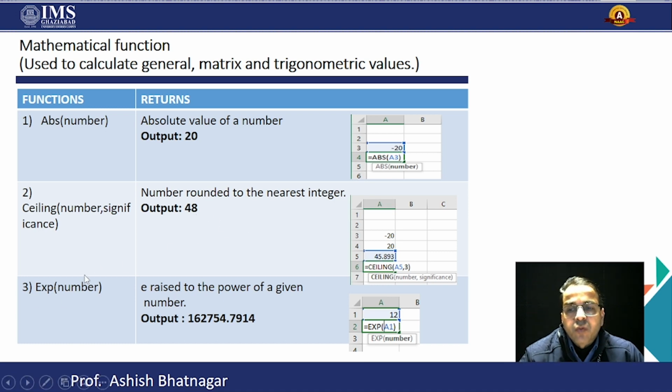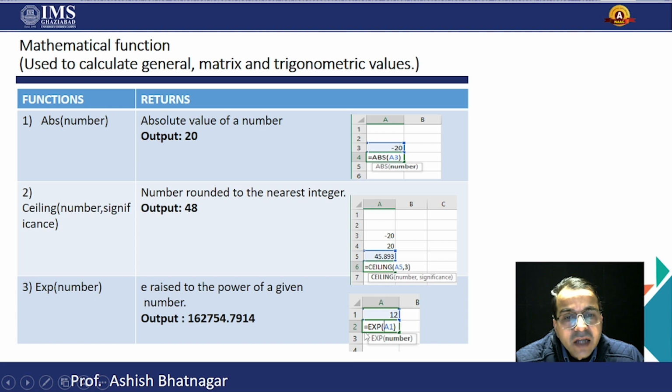Next is the exponential function. In mathematics, the exponential plays a very important role. How do you define the exponential of any given number? Exponential means e raised to the power of a given number, right? So we have the formula equal to EXP, and suppose I put the value 12 in cell A1.